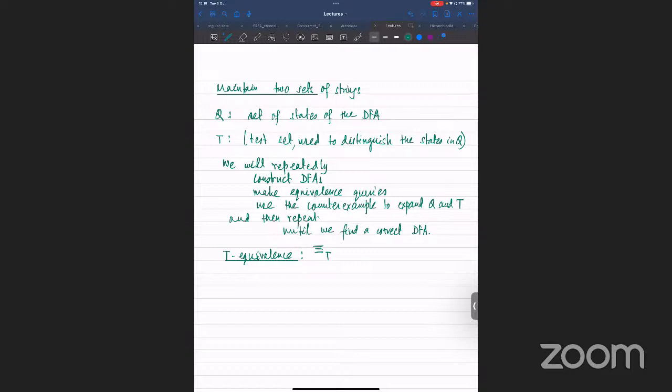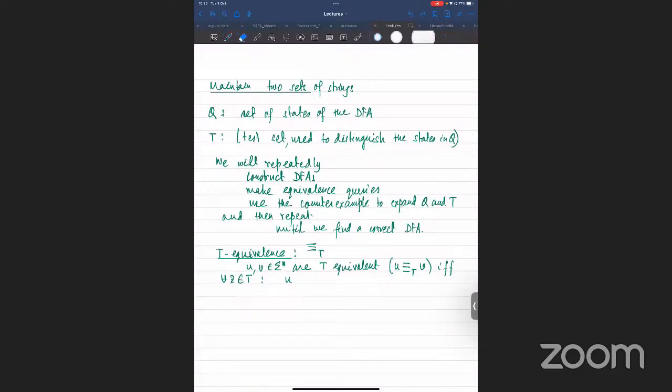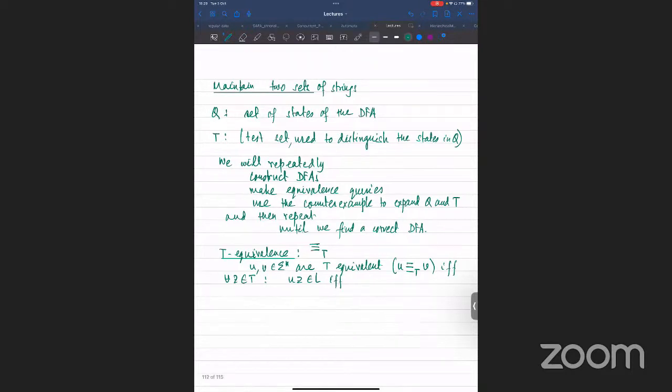Two strings u, v belonging to sigma star are T equivalent, denoted u is T equivalent to v, if for all z belonging to T, we have that uz belongs to L if and only if vz belongs to L.